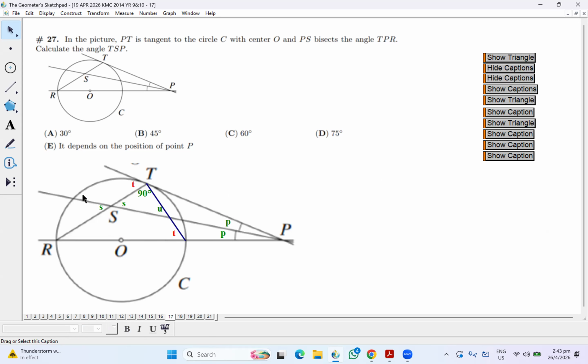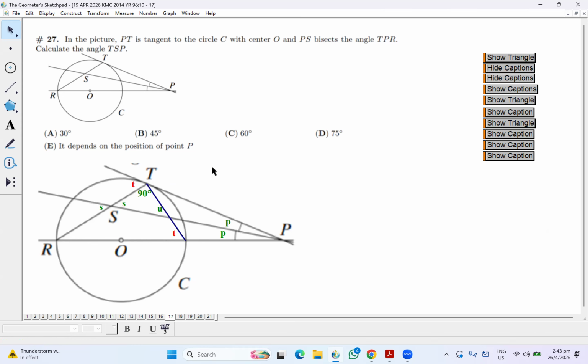This one is in the minor segment. This one is in the major segment. The angles in opposite segments are equal. I don't want to prove it. You may have learned this already.